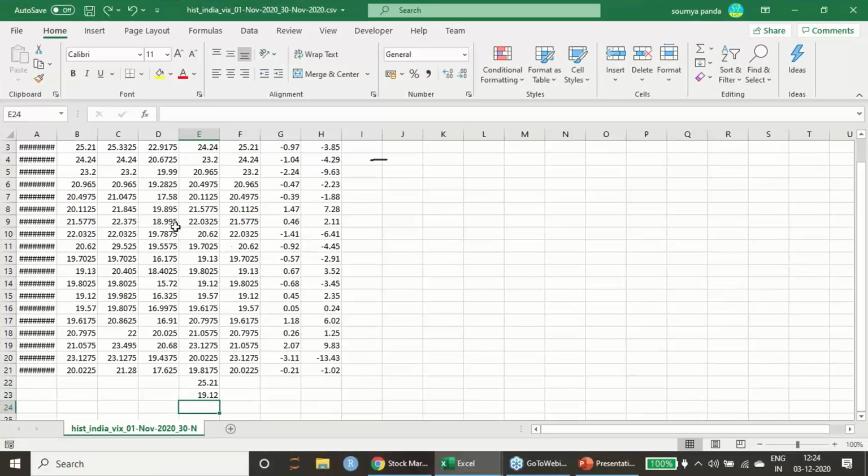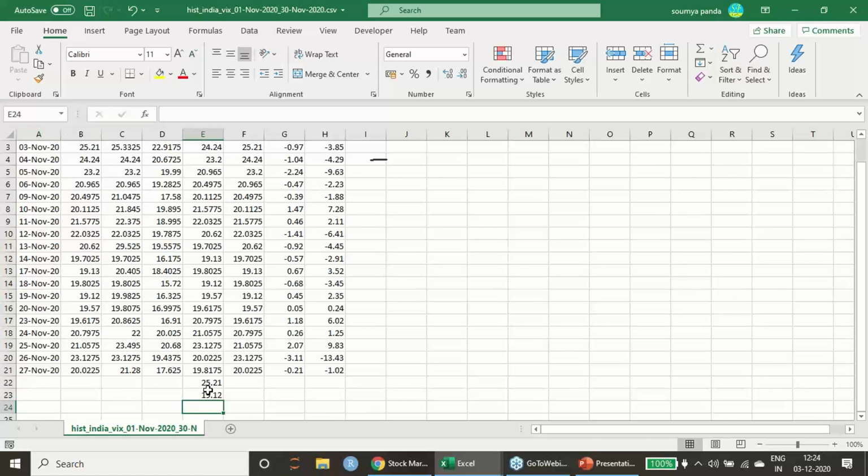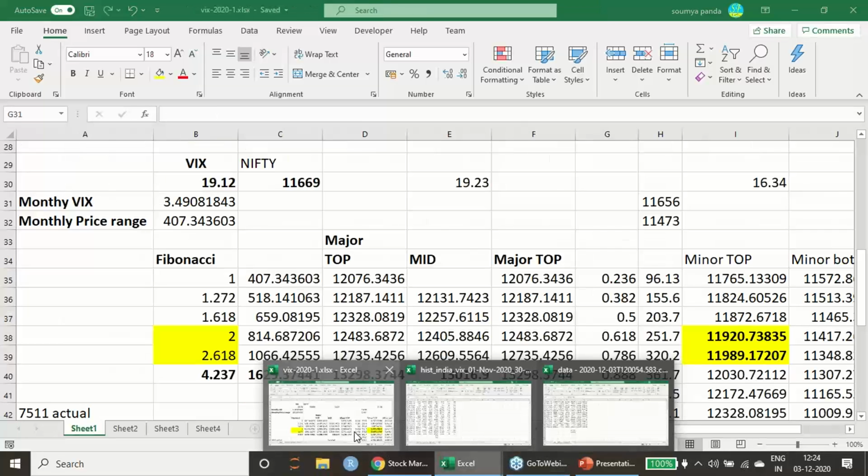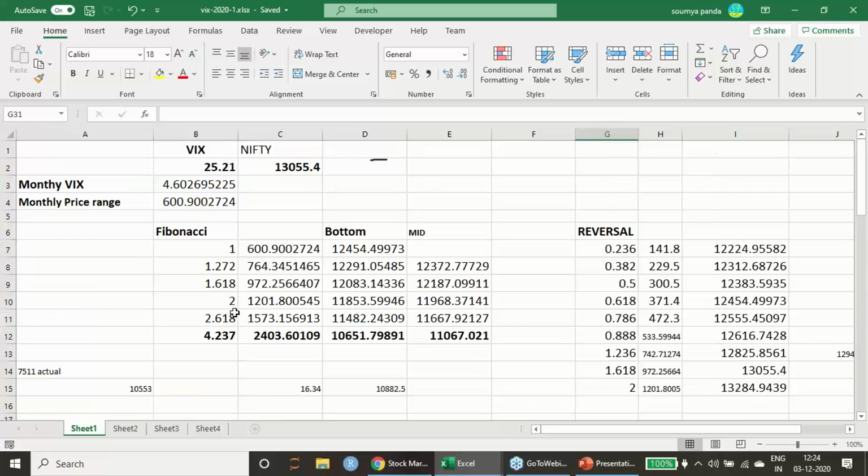In the same process I have also taken the volatility index VIX data, and from there I have taken the closing high and closing low for the VIX. Now I will be using these in my calculations, as you have seen in earlier videos also. I take the VIX and divide it by the square root of 30, so that I get the monthly VIX.